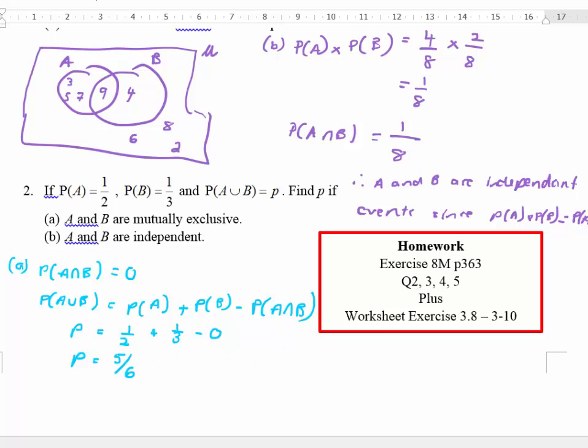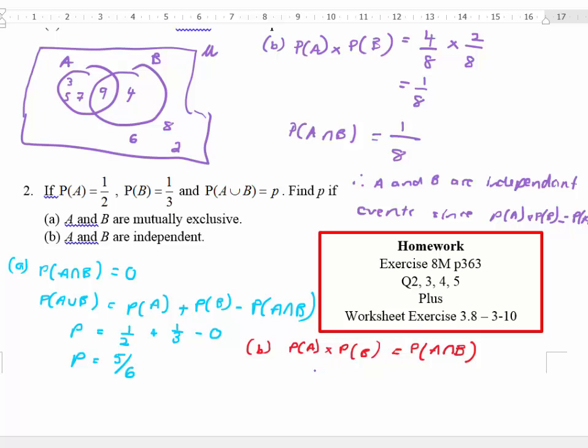So if I'm now going to attempt to do part B, I'm now working on them being independent. We know for independent, that's when the probability of A times the probability of B is the probability of A intersects B. Okay, so let's have a look at what this one is going to look like.